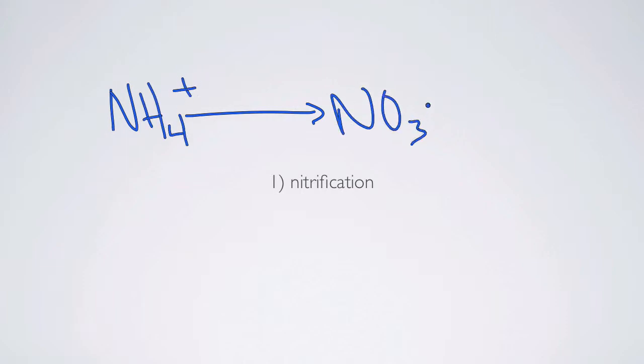So nitrification is a really important discriminating step. And as nitrification happens, it discriminates more strongly against N15 than N14. So as nitrification occurs, for example, the ammonium becomes enriched in N15, and the nitrate is going to be more likely to have N14 in it.